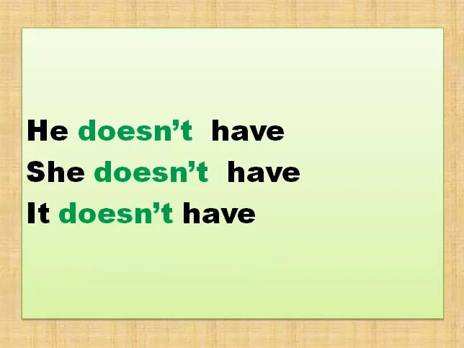Same goes for he, she and it. Here, don't becomes doesn't. He doesn't have, she doesn't have, it doesn't have. Very simple and easy to understand, both in affirmative and negative sentences, the use of have and has.